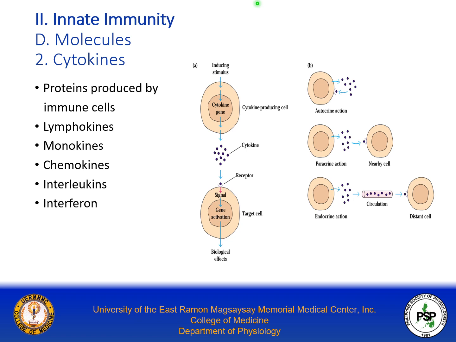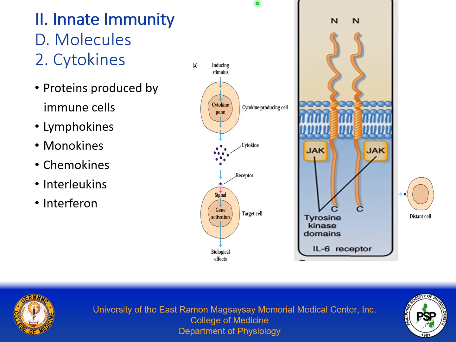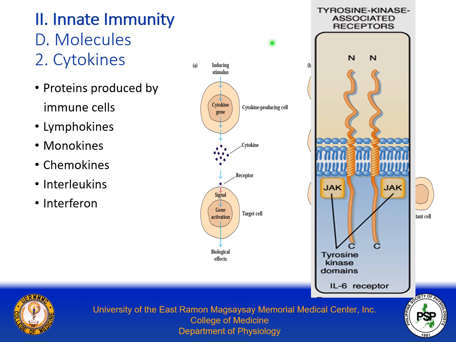They usually act on the cell through plasma membrane receptors as shown here. The cytokines bind with very high affinity and generally show very high specificity towards their receptors. And they usually utilize the JAK-STAT pathway as their cellular signaling pathway.